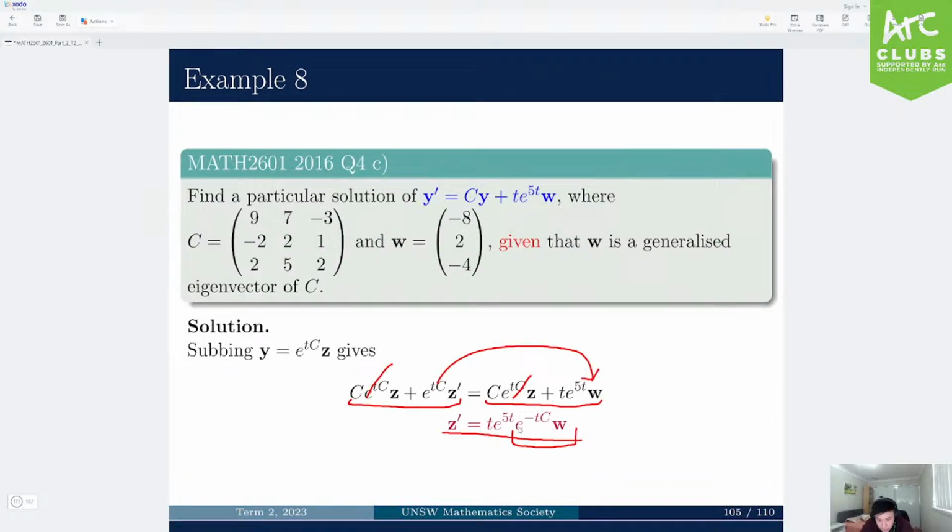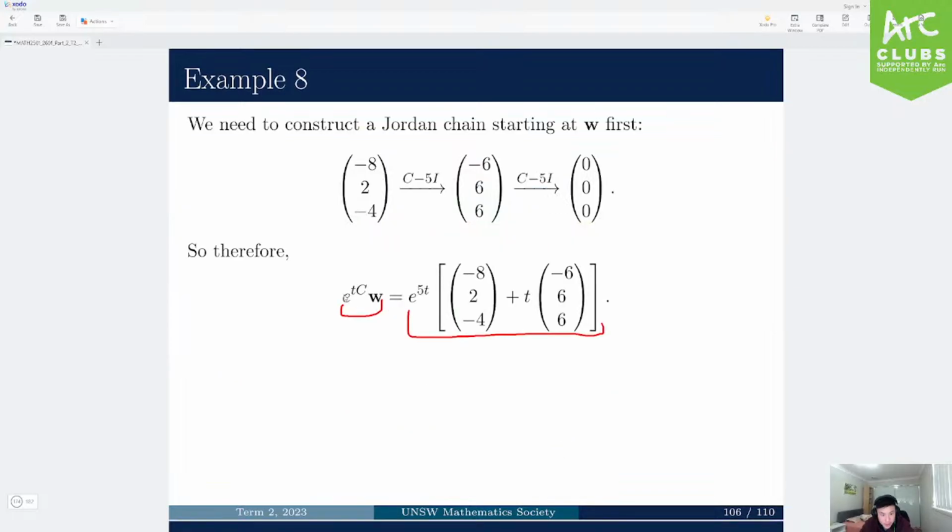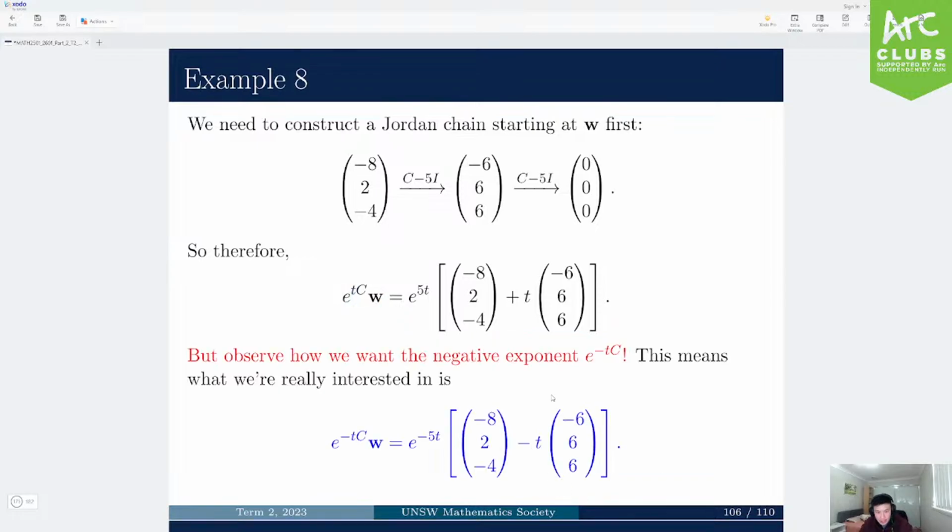But we wanted to find e^(-tC) multiplied by w, and right now we have e^(tC) times w. We can easily solve this by replacing every instance of t with minus t. That gets us e^(-5t), and we replace minus t over here.